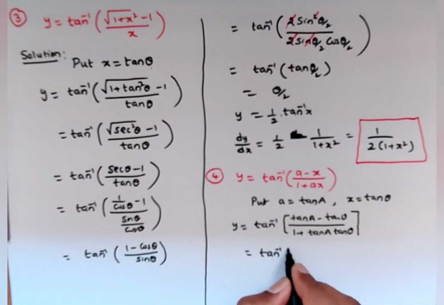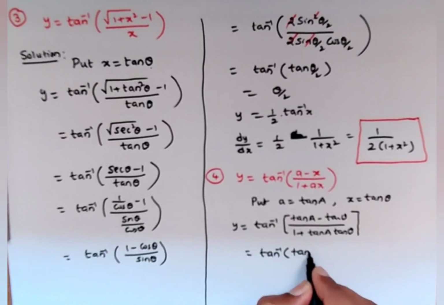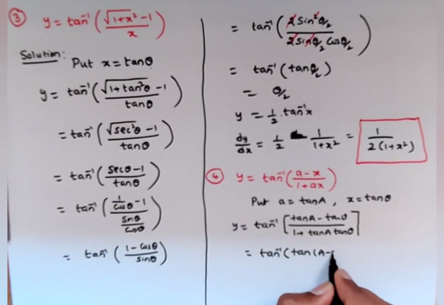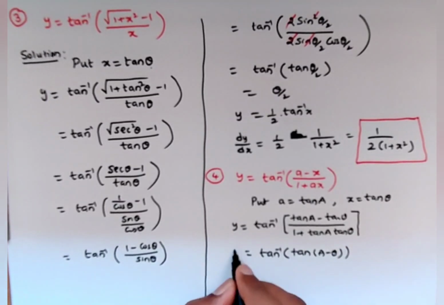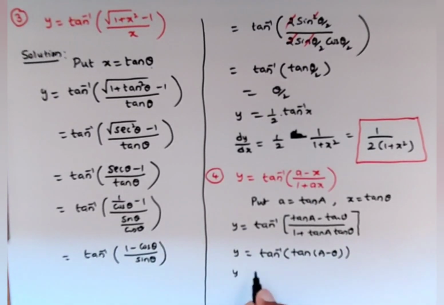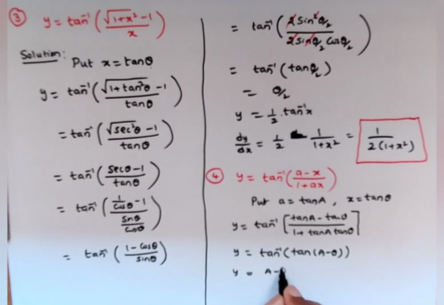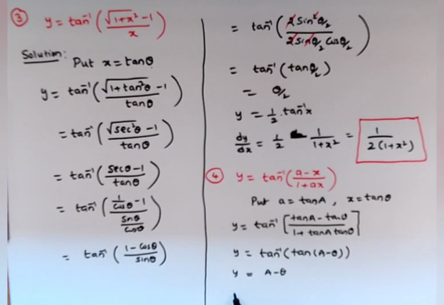It is tan inverse of tan of a minus b, which means a minus theta. And again I am using a property here: tan inverse of tan theta, but in place of theta we have a minus theta, which equals a minus theta, right? Now y equals a, which is a constant, so we can write it as tan inverse of a also, no problem, again it is a constant, right? Now theta is nothing but tan inverse of x.